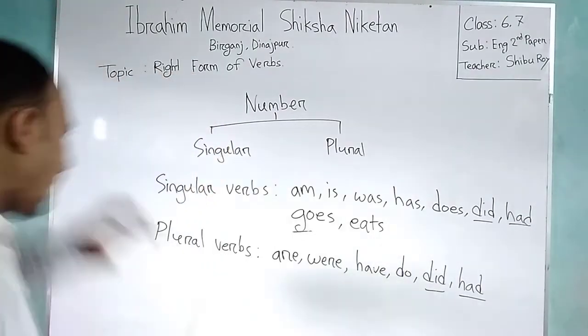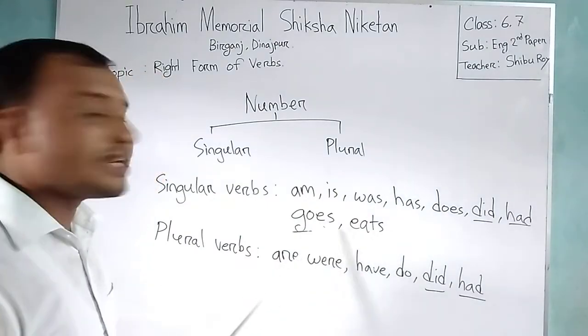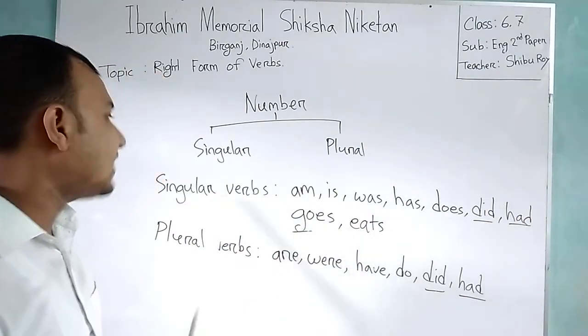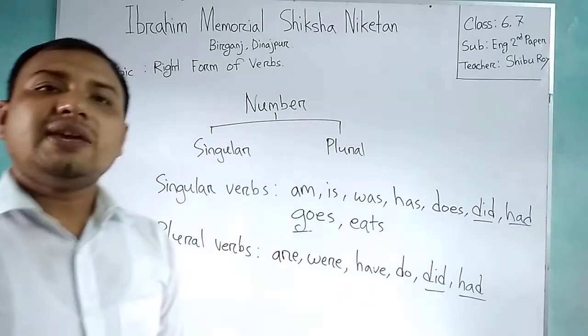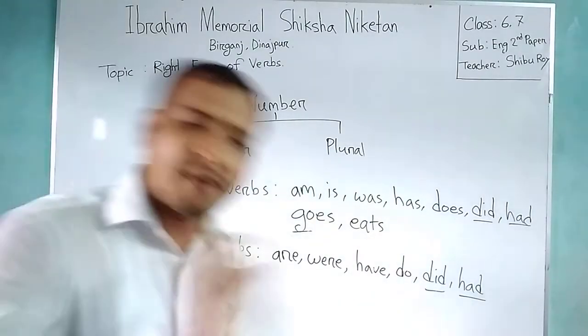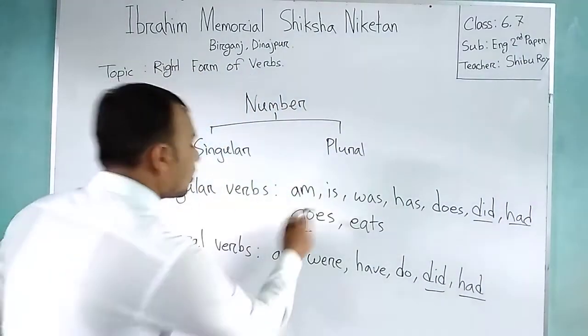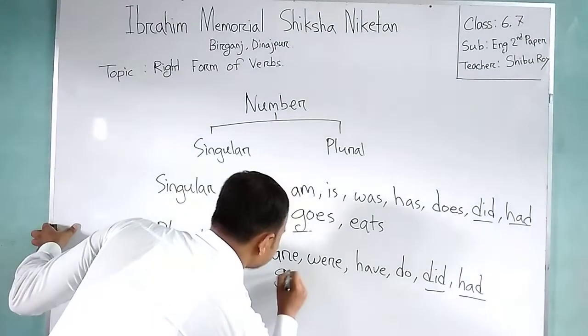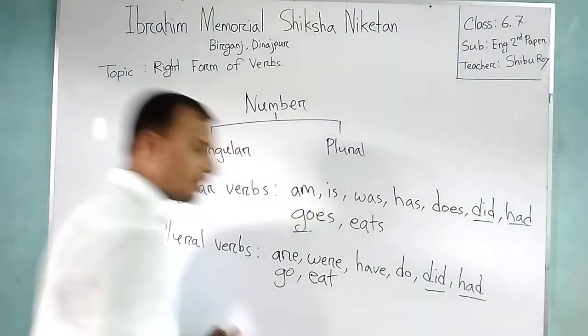A few minutes ago, I have already told you that if you find any verb with s or es, then it will become a singular verb. So what are the plural verbs? If we find the base form of a verb, that means the base form is go, and this base form is eat.